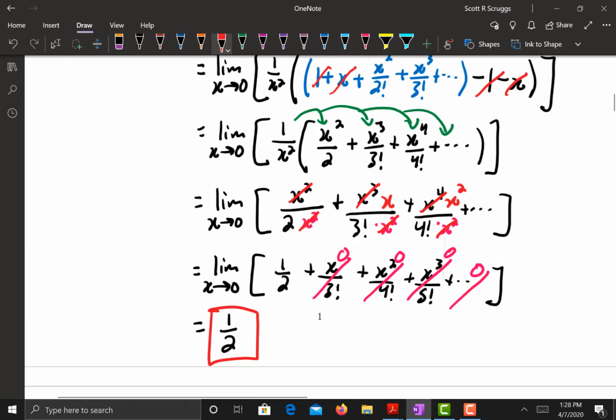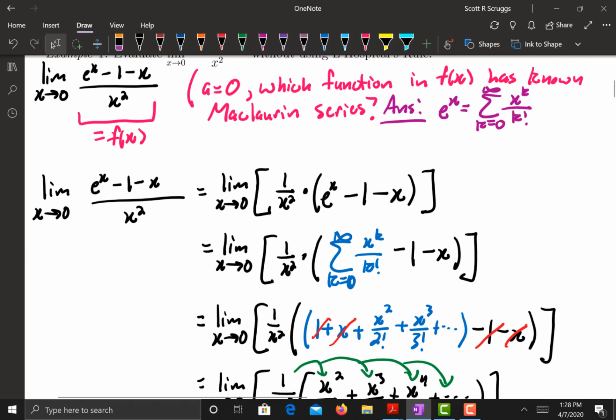Keep in mind that this will be the same answer that we will get if we do L'Hopital's rule for that. And so a fun exercise to do is try to take that limit using L'Hopital's rule and verify that you still get 1/2 as your answer.